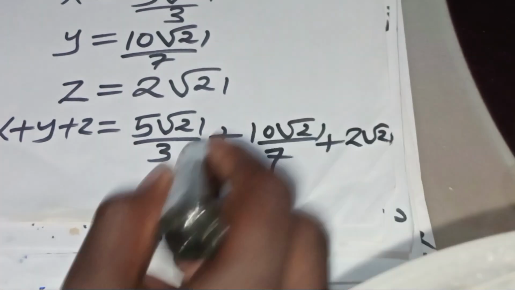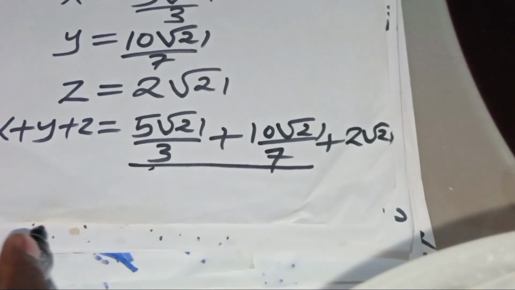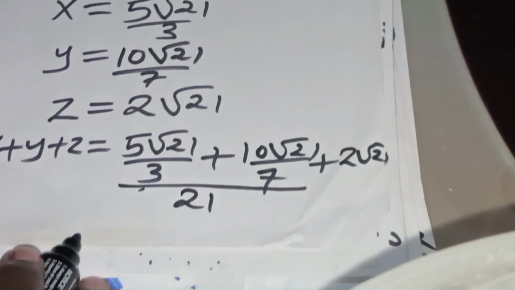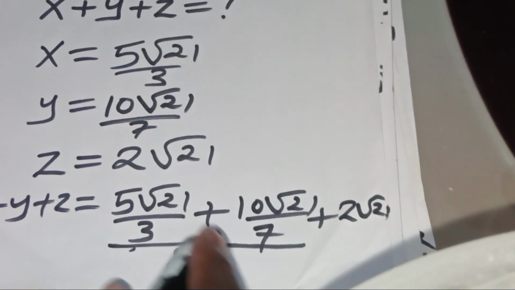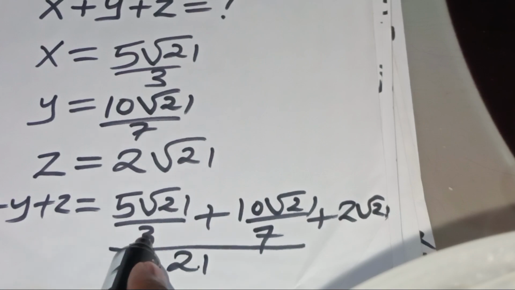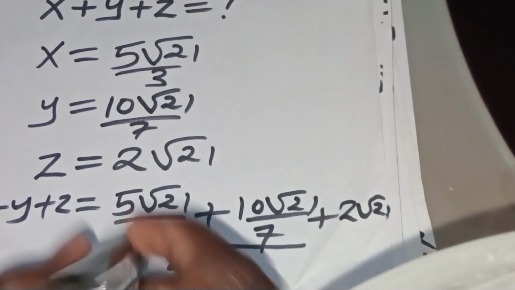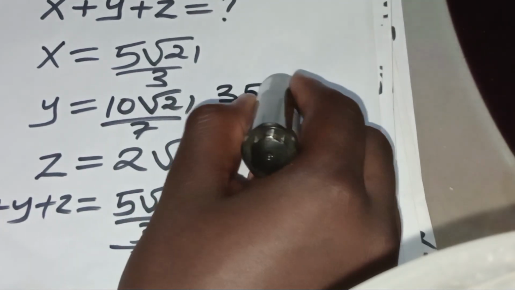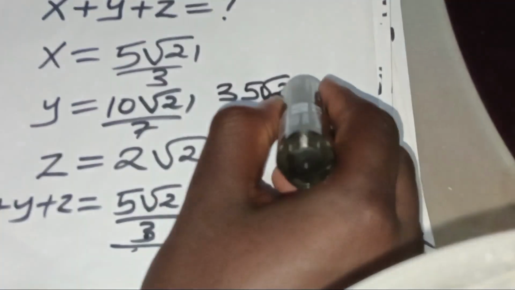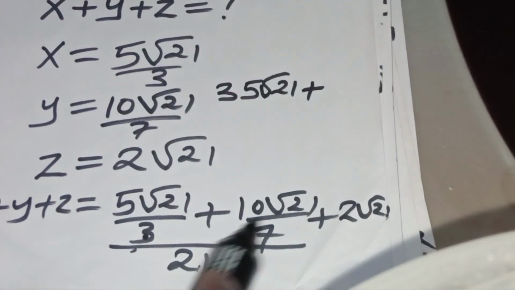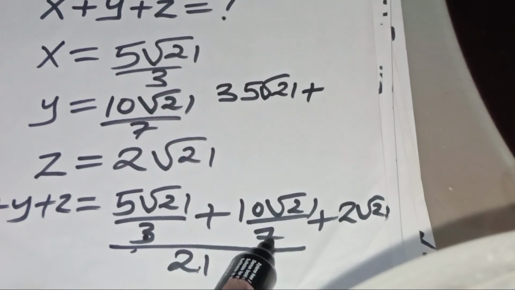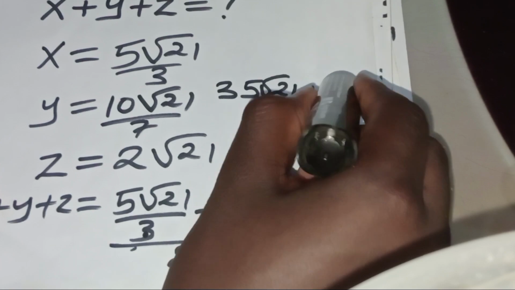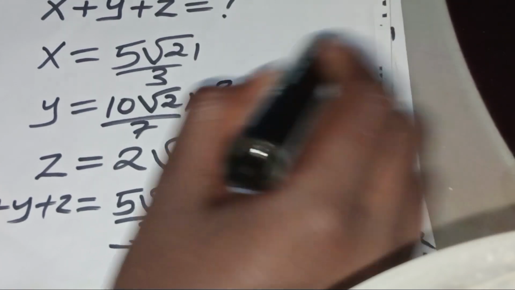Determining the LCM here, the LCM is 21. So we have 21 divided by 3, which is 7, and 7 times 5 gives 35 square root of 21.